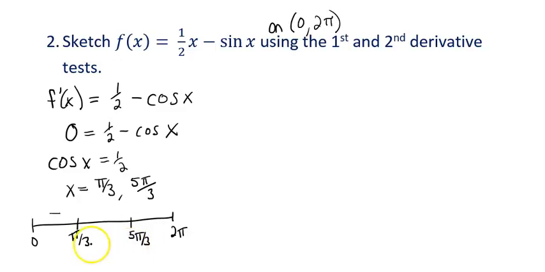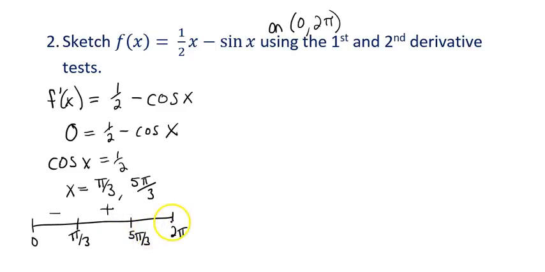Then in the next section, I pick something between pi over 3 and 5 pi over 3. So I'm going to pick pi because that one's an easy one. So 1/2 minus the cosine of pi. Well, the cosine of pi is -1. So 1/2 minus -1 is going to be positive.